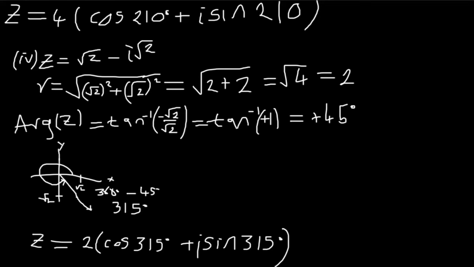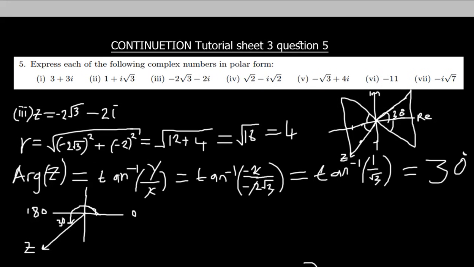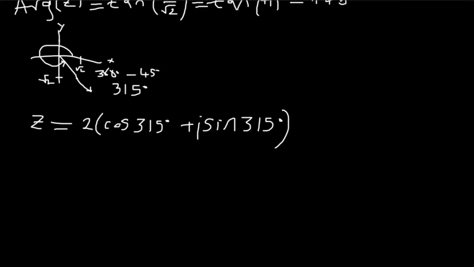Let's move on to question 5. So question 5 is negative root 3 plus 4i. That is question 5.